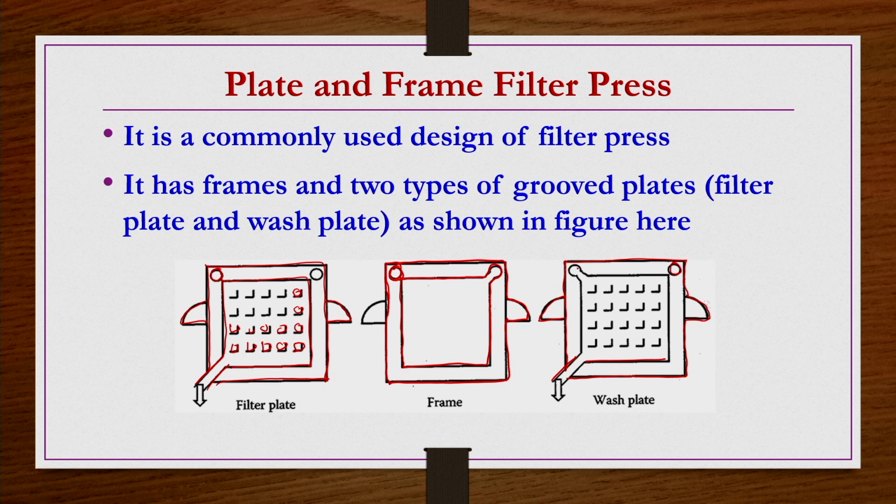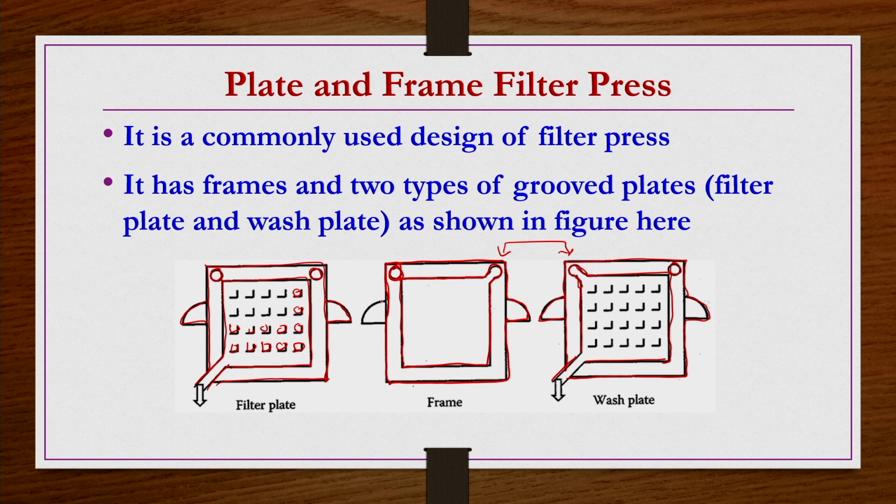We can see these openings are different in the wash plate and the filter plate. In the filter plate there are two circles. In the wash plate there is a different kind of opening, one side is given here, same as the frame like this.